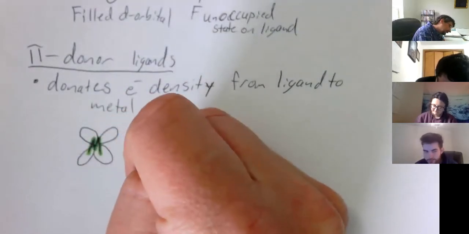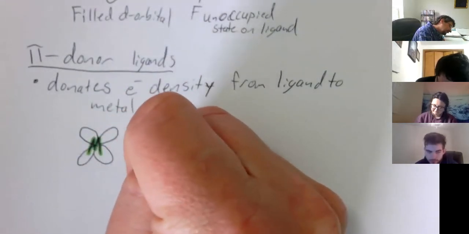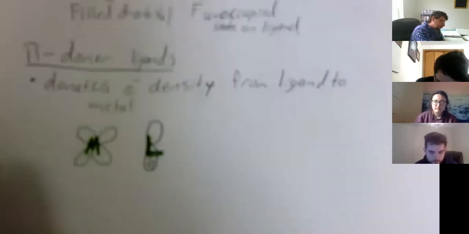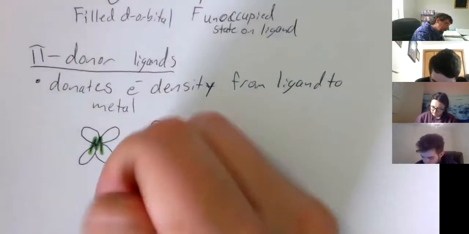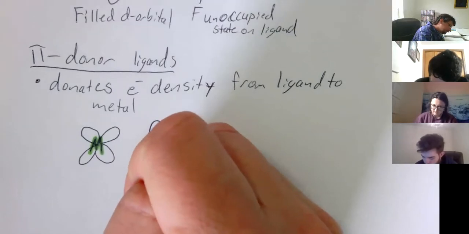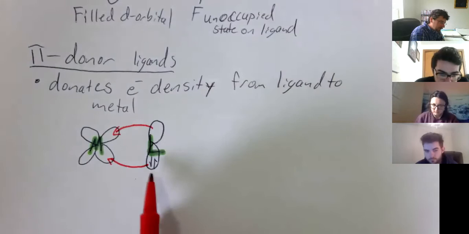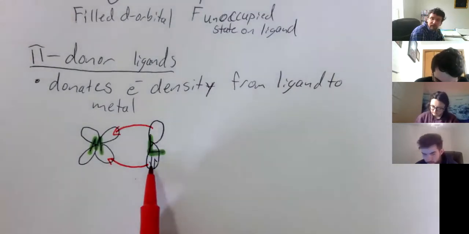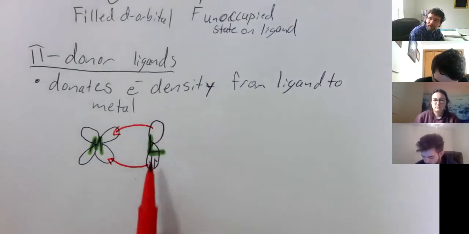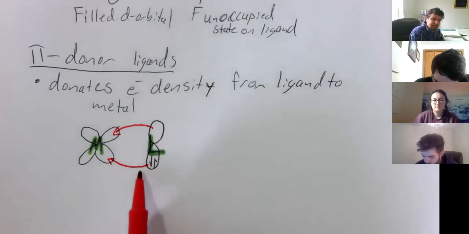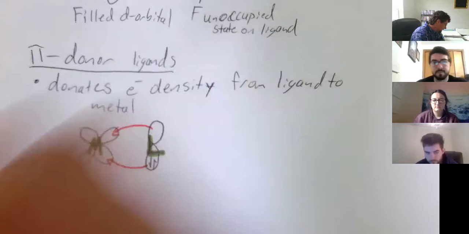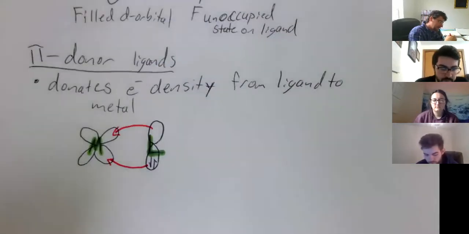The ligand is occupied. And so electron density goes from the ligand to the metal, right? Even though I drew 2 electrons down in that lobe of the p orbital, they exist in both of the lobes, right? Okay. So this is a pi type interaction.